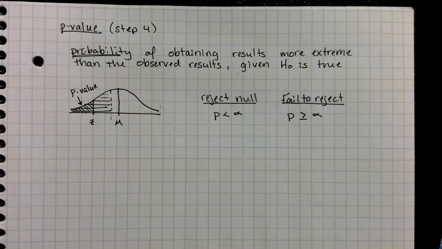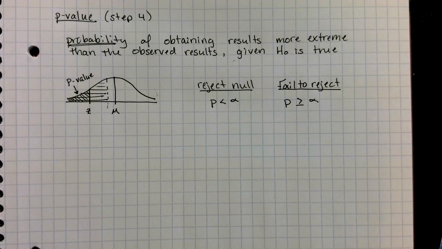We were trying to find a score, if you will. So now what we're trying to do is find an area, which means we have to go in reverse. To find your critical value, we used inverse norm and inverse t. So what we're going to use now is normal CDF and TCDF.